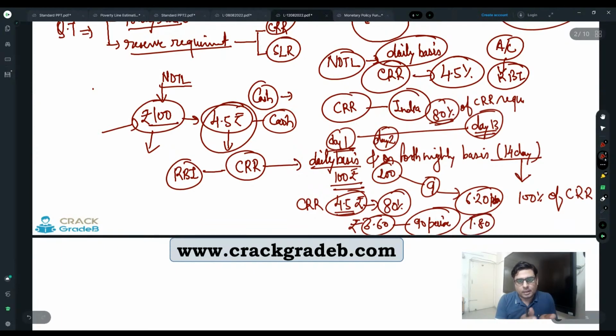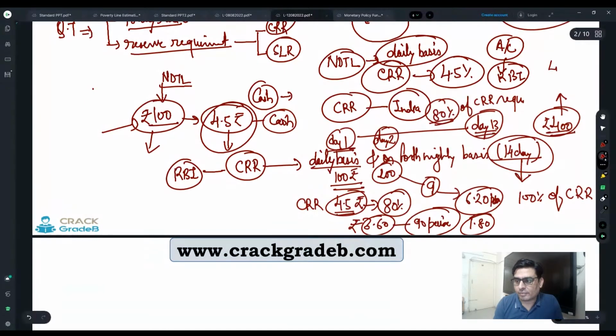So similarly, you can do this on a daily basis. But once the 14th day comes, suppose on that day the bank has NDTL of 400 rupees. Then 4.5% of this you have to maintain.